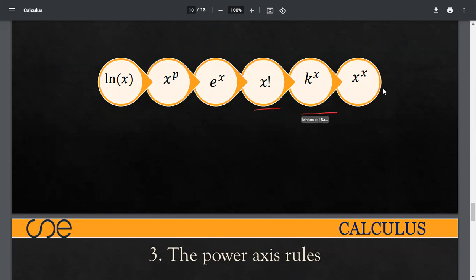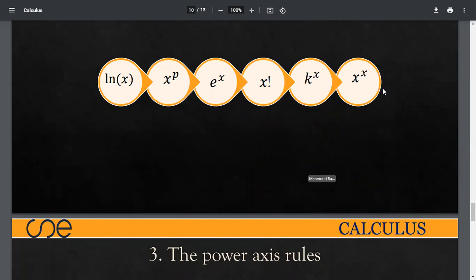So we have x power n is greater than n factorial. Sorry, is less than n factorial. x power n is less than n factorial.